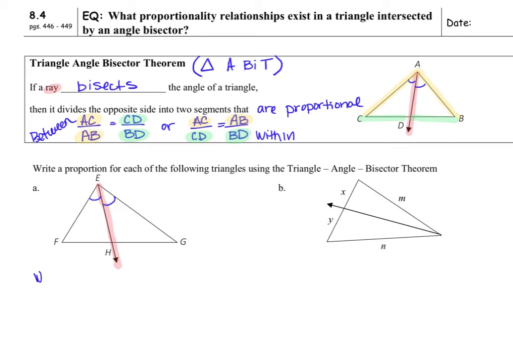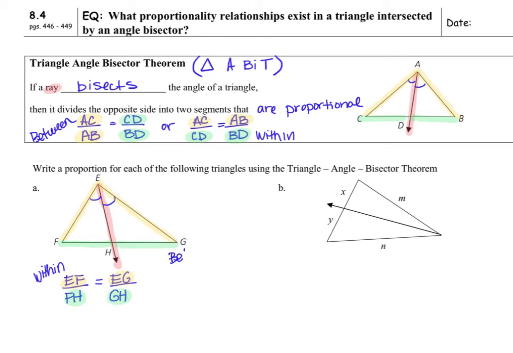I'm going to set up a within proportion. So that means that EF would be proportional to FH and EG would be proportional to GH.